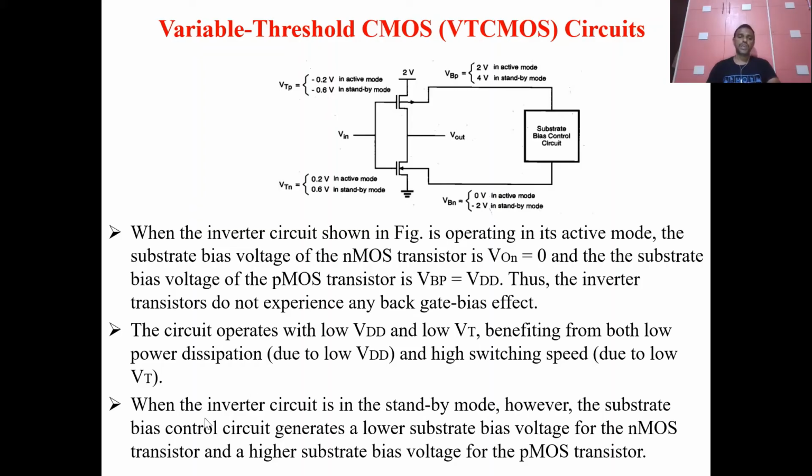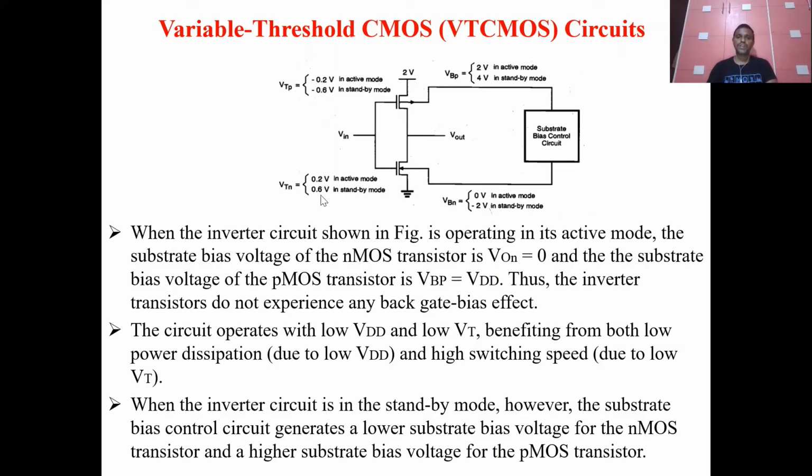Okay, so next, when the inverter circuit is in standby mode, the substrate bias control circuit generates a low substrate bias voltage for the NMOS transistor and a high substrate bias voltage for the PMOS transistor. That's what we have discussed. Whenever it is in active mode, the threshold voltage required is 0.2 volts here and minus 0.2 volts there, the exact opposite.